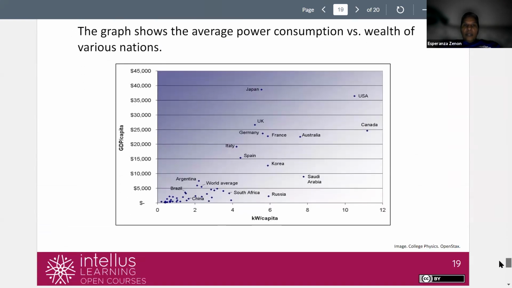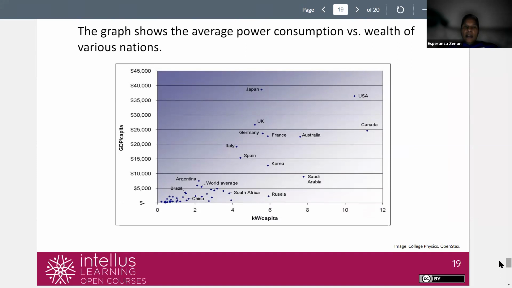And then this one breaks down power consumption by different countries. They're talking about per capita here. And that term shouldn't be unfamiliar to you because in the past 2 years, that idea of per capita has become very important as they talk about COVID statistics and what have you, right?